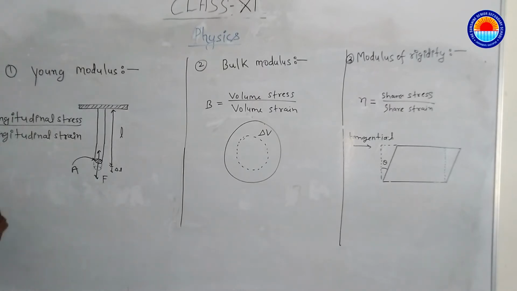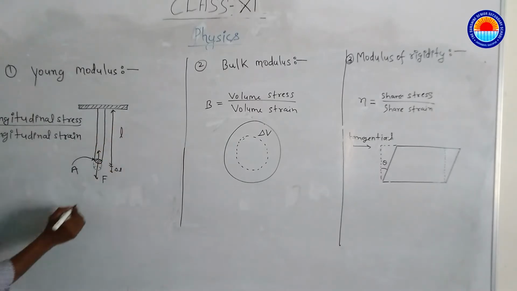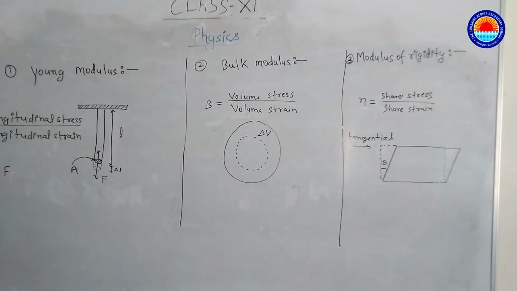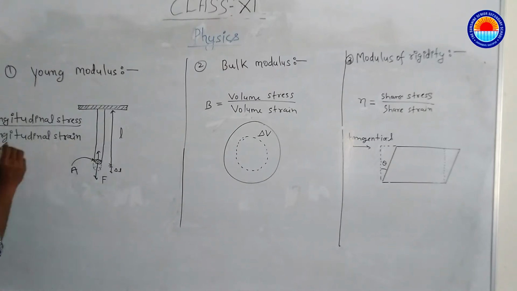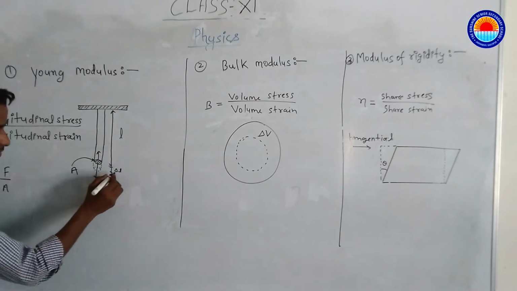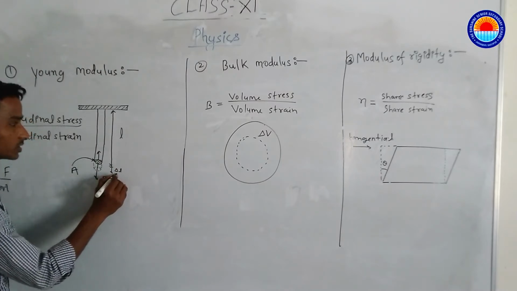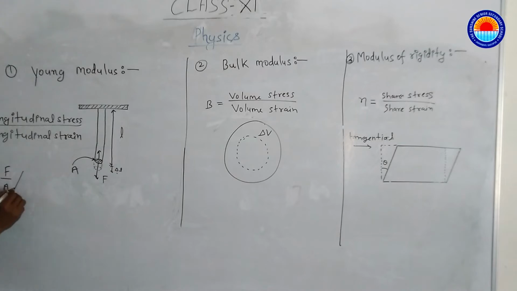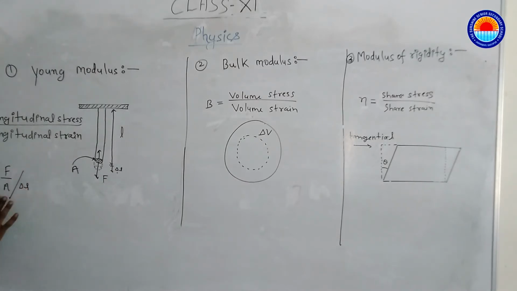Here longitudinal stress is force upon area, where force is F and cross-sectional area is A. And longitudinal strain is the change in dimension to the original dimension: delta L divided by L. Dividing and simplifying, Young modulus is equal to F delta L upon A L. This is the formula of Young modulus.